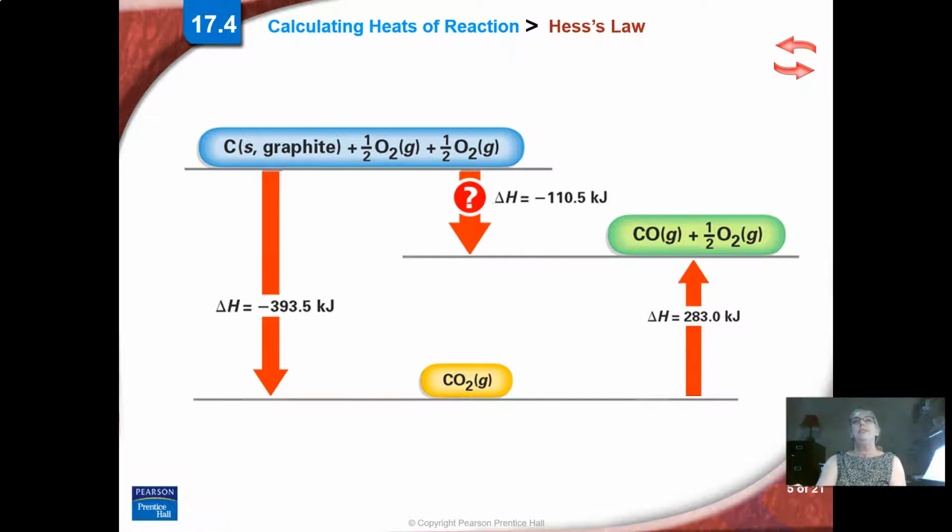Then we just subtract, and we figure out that the difference is 110.5 between those two. So that's how we'll use Hess's law for something that we don't know. We don't know how this could go to there. What is that energy difference? So we use the things that we know. We knew this one and we knew that one to get this unknown one.